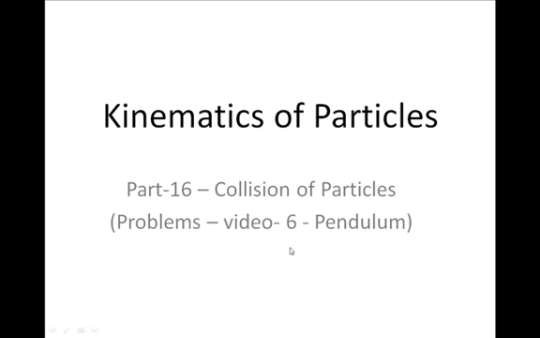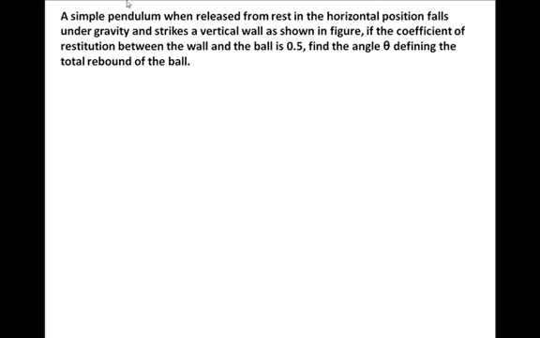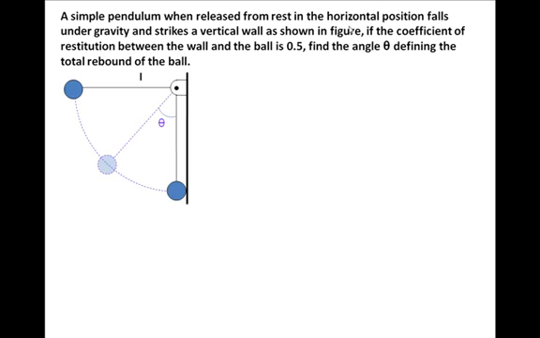Let's see the problems. The problem says like this: a simple pendulum, when released from rest in the horizontal position, falls under gravity and strikes a vertical wall as shown in the figure. So see, the pendulum was held like this, then you release the bob from here.